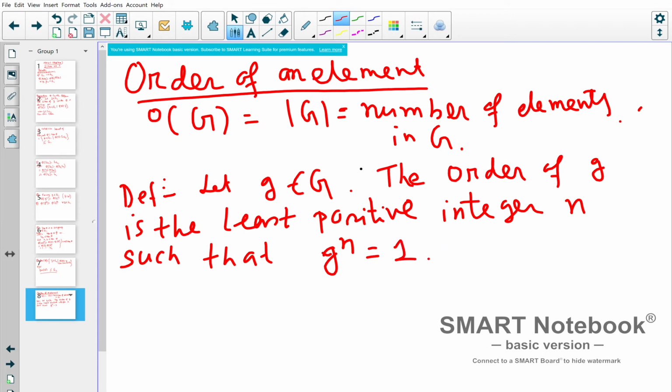What does that mean? Least means there does not exist any positive integer less than n for which g to the power that integer equals identity.